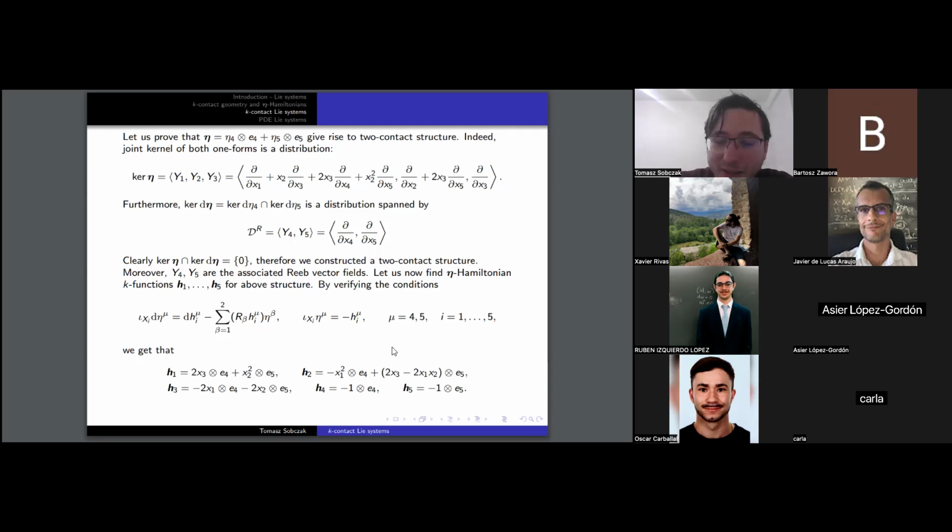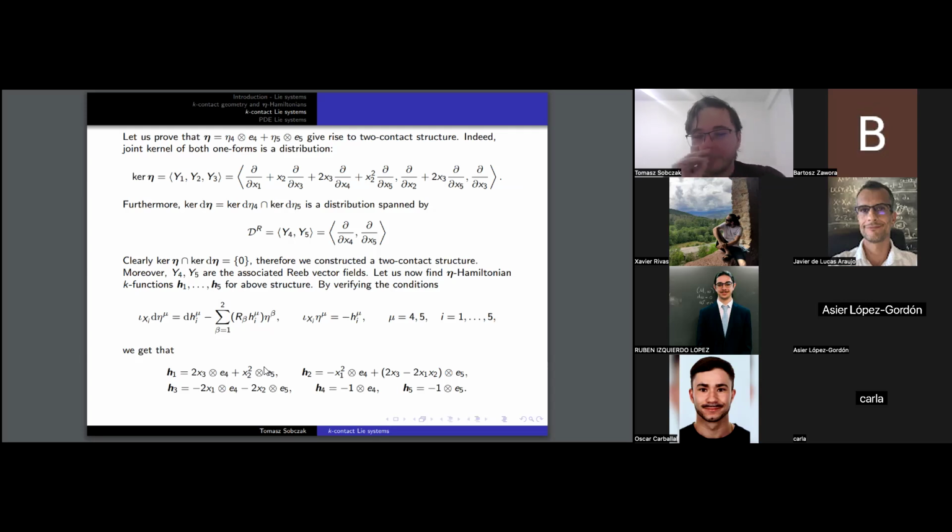Sure, you can. I don't remember from my head how it looks, but it is possible. It's a little bit different, but it works, and is of course related to the commutators of the corresponding eta Hamiltonian vector fields.